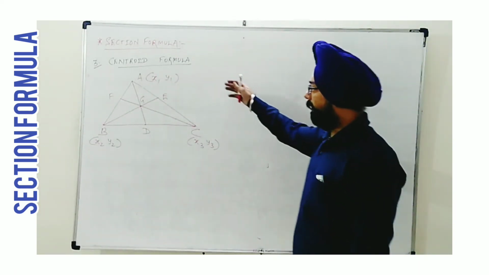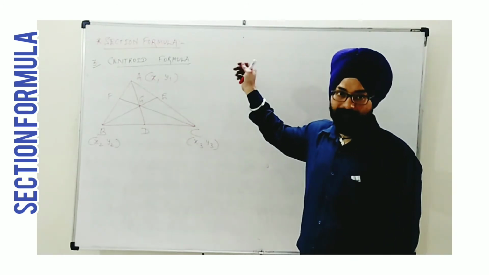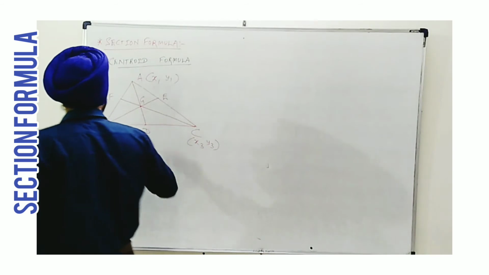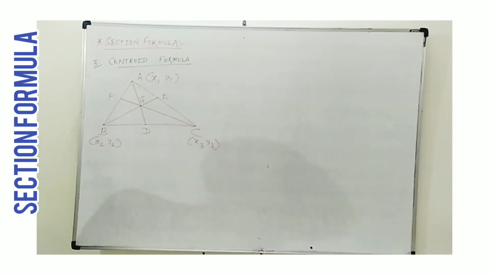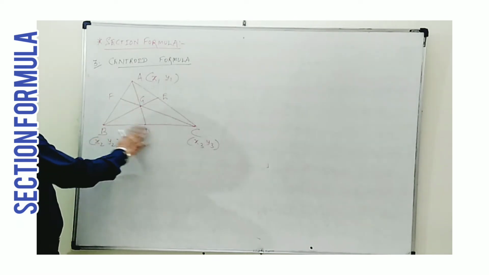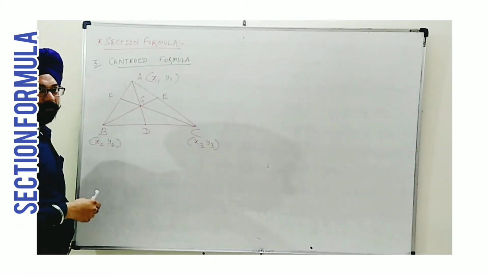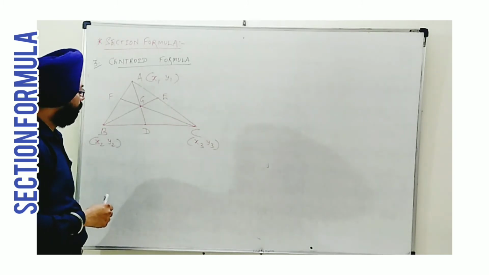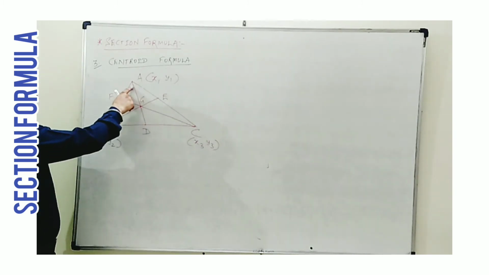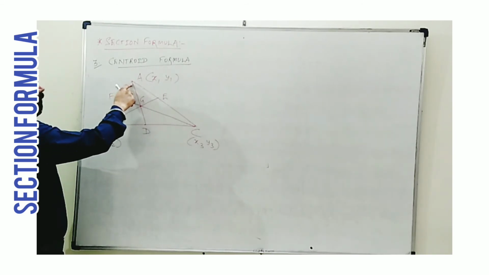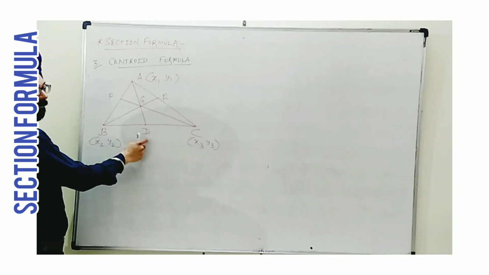Now the third application of the section formula is the centroid formula. One of the very important concepts. Before we apply, we must know what a centroid is. In a triangle, it is a point which is the point of concurrence of all three medians. As we know, a median is a line segment which joins a vertex of the triangle to the midpoint of the opposite side.